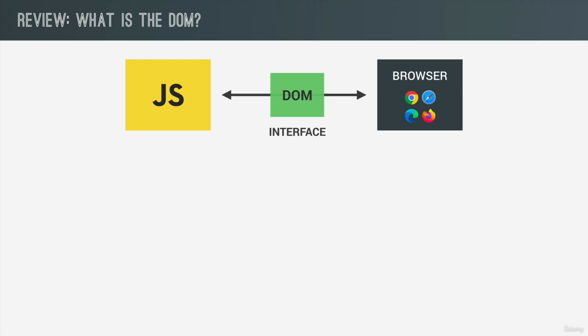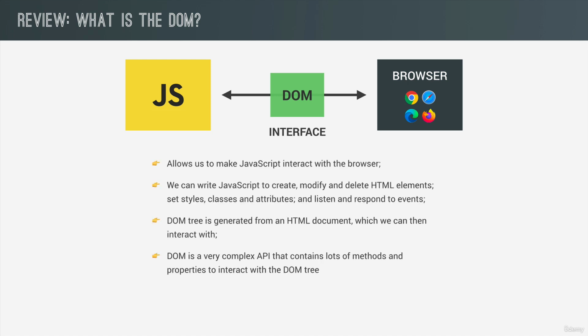So let's remember what we already know about the DOM, which is that we can use it to make JavaScript interact with the browser. And again, more specifically, we can create and modify and delete elements, set styles and classes and attributes, and listen and respond to events. In practice, this works because a DOM tree is generated from any HTML document.